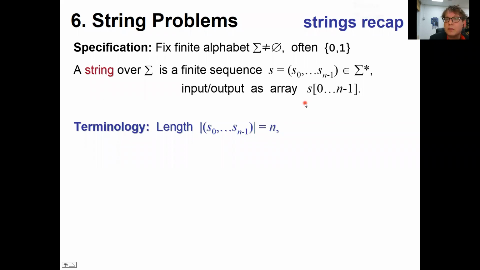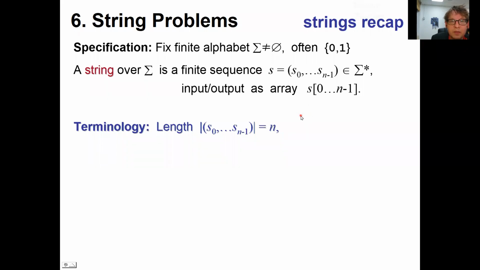That's our common convention in computer science to start counting with 0, and array indices start with 0 as in C. So a string of length n actually consists of symbols with index ranging from 0 to n minus 1. So that's the terminology for strings.